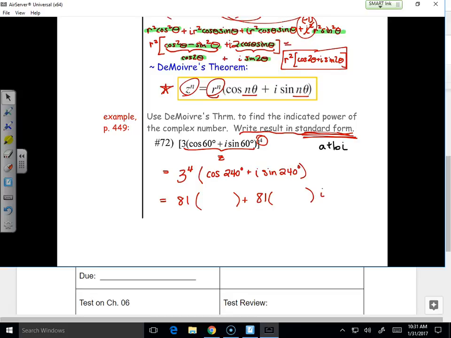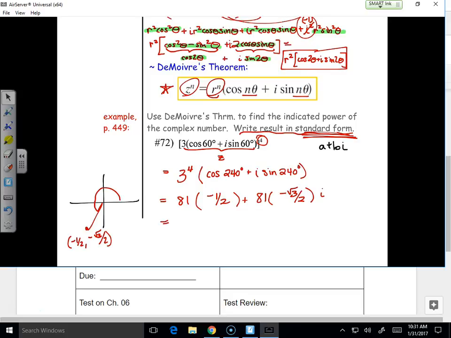Now 240, hold on, easy on the circle, right? What quadrant is 240 in? Yeah, so we go 180 and 60 degrees more. Down here we have the cosine of 240, which is negative 1/2, and we have the sine of 240. So you're plugging in our cosine, plugging in our sine.